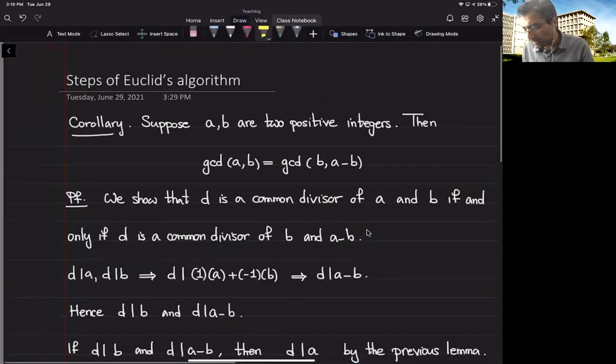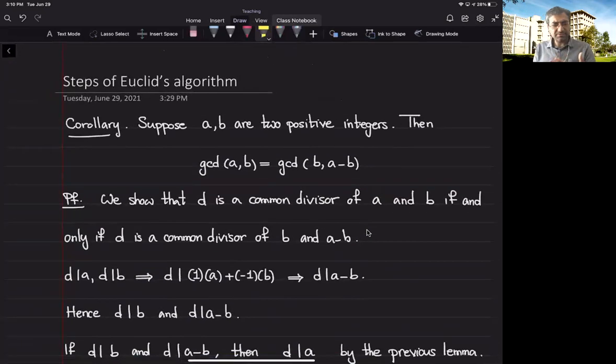So if A and B are two positive integers, being positive is actually not crucial, but let's say they are positive, then GCD of A comma B is the same as GCD of B and A minus B. What is crucial is that at least one of them is non-zero, and the same for A and B and B and A minus B. So this is the important assumption.